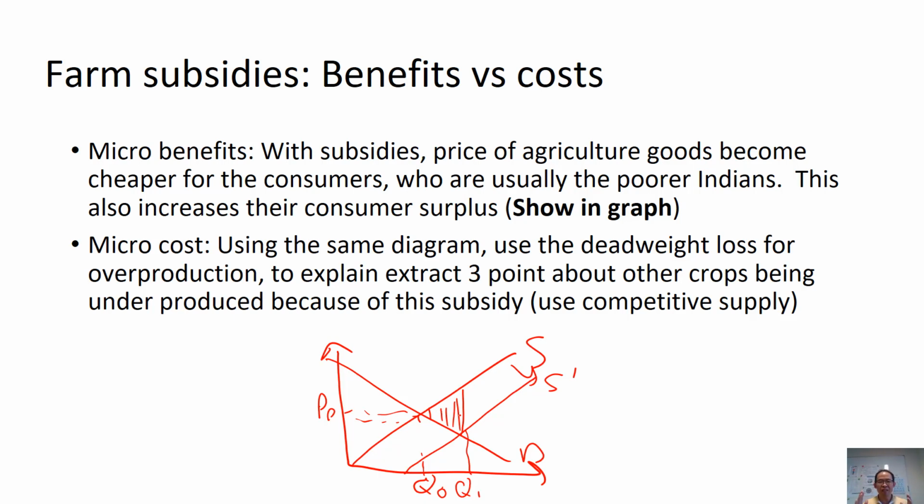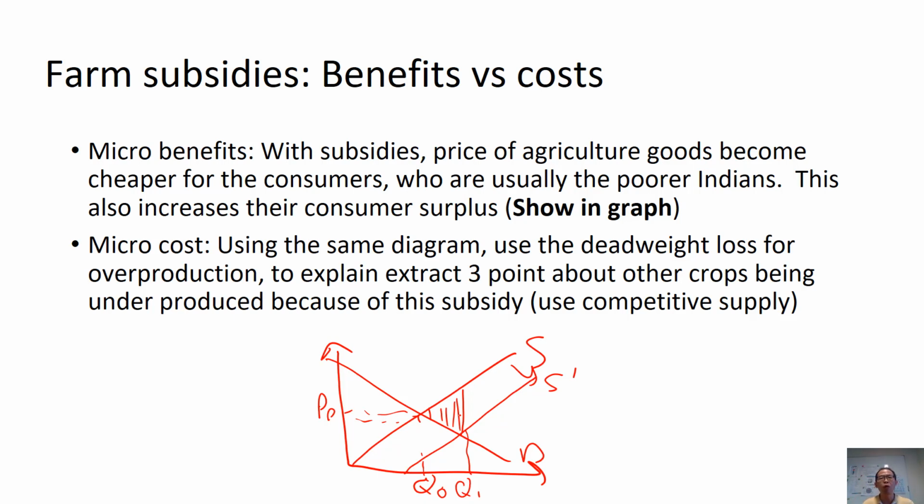Now, if I'm you, notice that extract 3 has a particular point about other crops being underproduced because of this subsidy. So if I want to be analytical, I'll use the point in extract 3, then I'll use the economic concept, competitive supply, to explain this particular deadweight loss. I would say that because of the existence of subsidies towards certain agriculture goods, these farmers want to produce those particular goods in order to qualify for the subsidy.